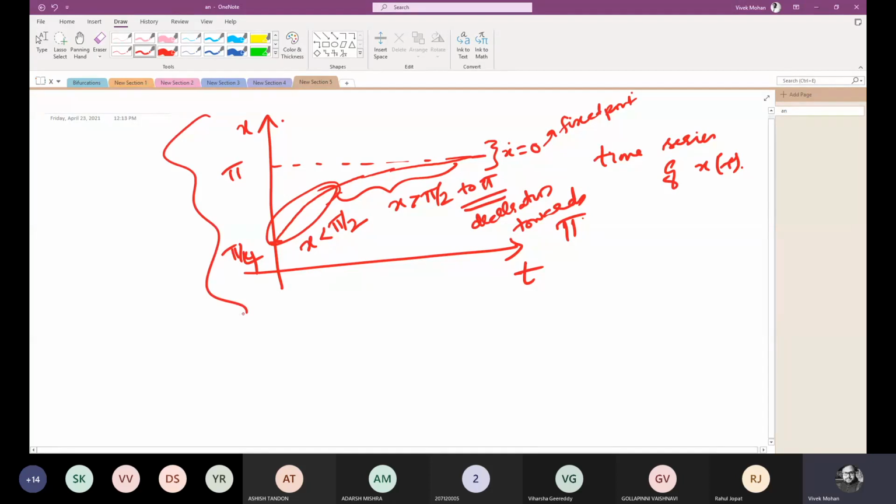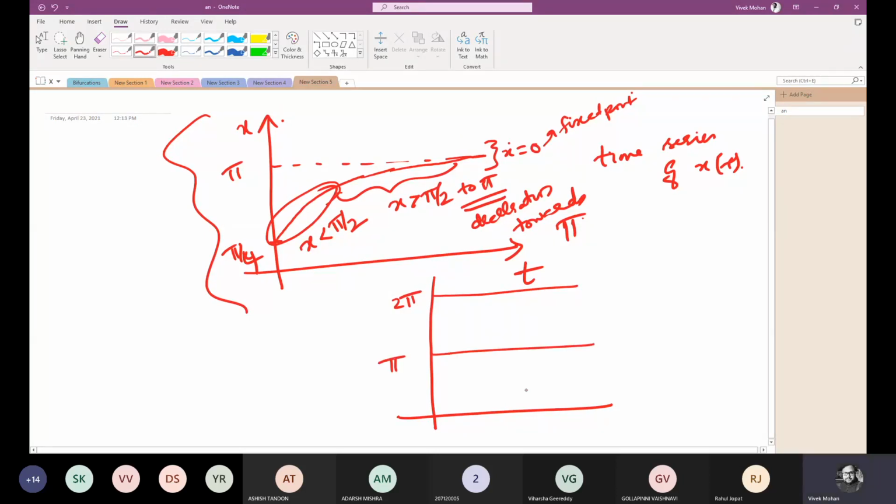So now we see that the systems are initial condition dependent. To explain this in detail, we can draw another figure where this is 2 pi and this is pi.